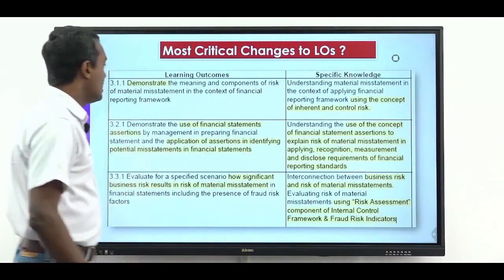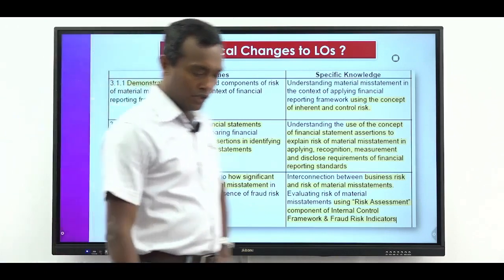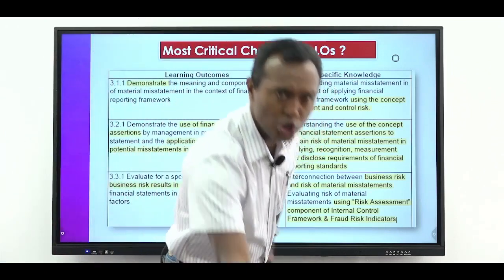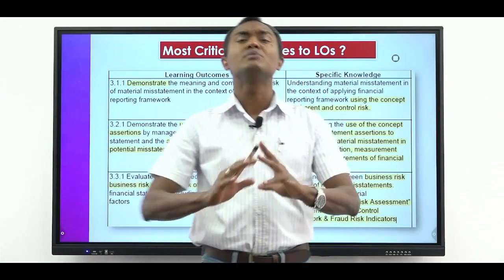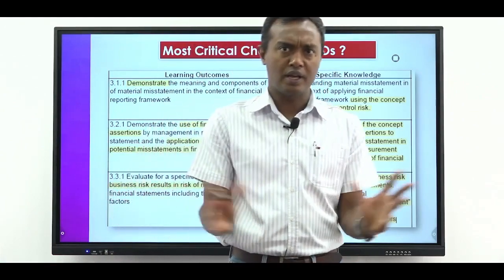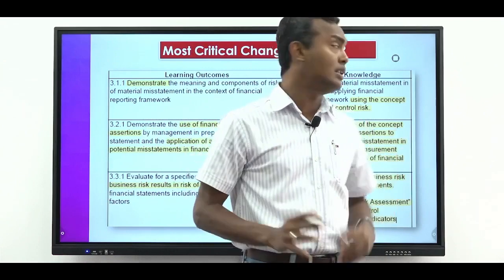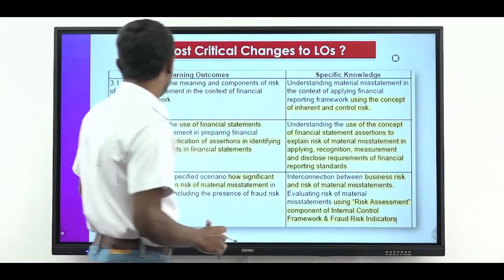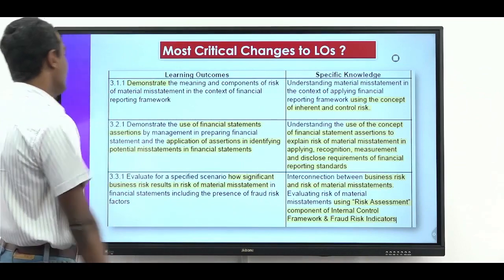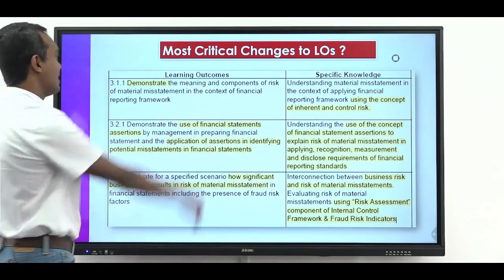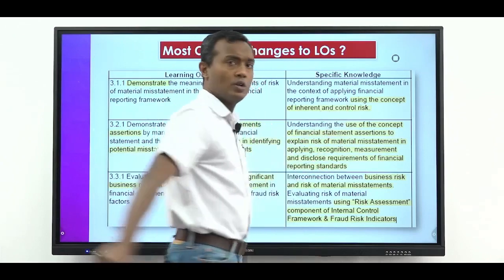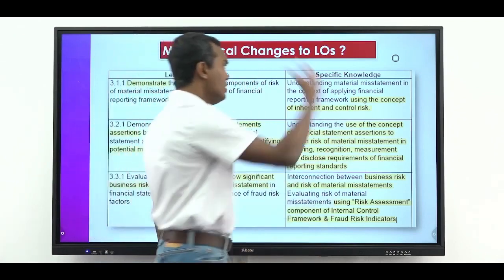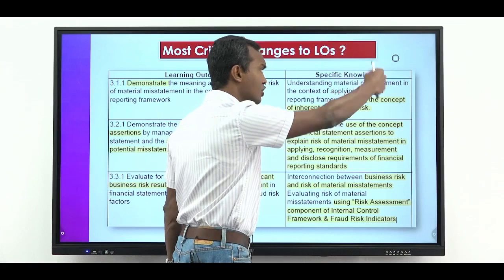All right. So the most critical learning outcomes that have changed, and also remember the most powerful document that you should look at before the exam is the syllabus document. In this case, these changes in learning outcomes are very, very important. And remember, the syllabus has two critical columns: the learning outcome, and what the examiner means, or what Sri Lanka wants you to achieve in terms of specific knowledge.